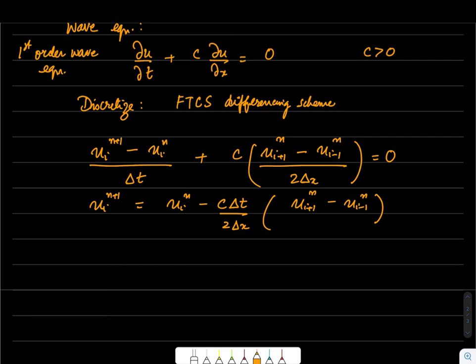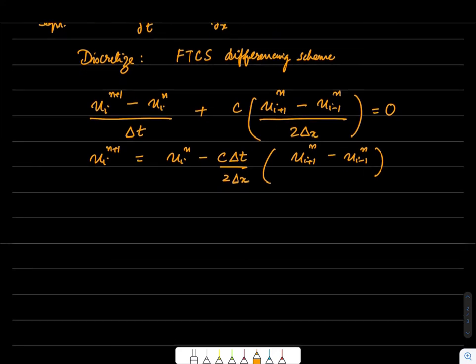So now we want to infer the stability criteria which will ensure stable solutions for this discretization. So we again use error analysis, and this time we can use it in the same manner. I'm not going to worry about the intermediate step of writing it in terms of d and epsilon.